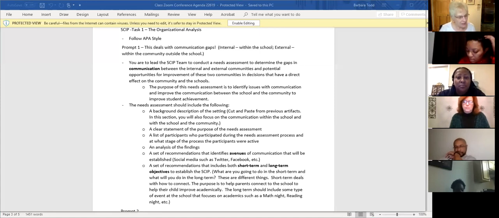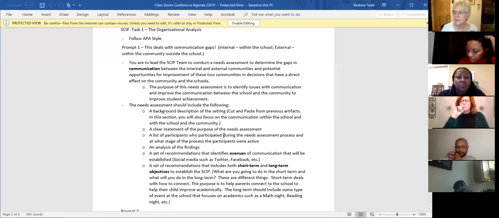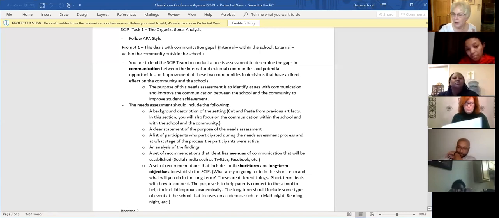So that is the things that are on the task 1 of the SCIP. You can get started on that as soon as you finish the OMA, and you will be able to move rather quickly, I think, because it's not a massive undertaking.